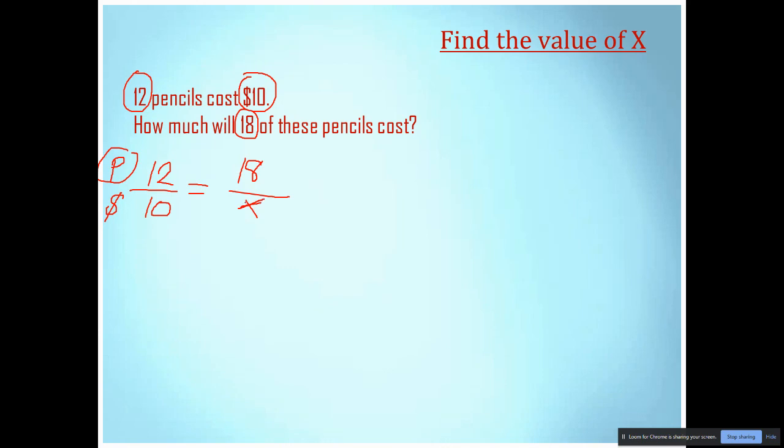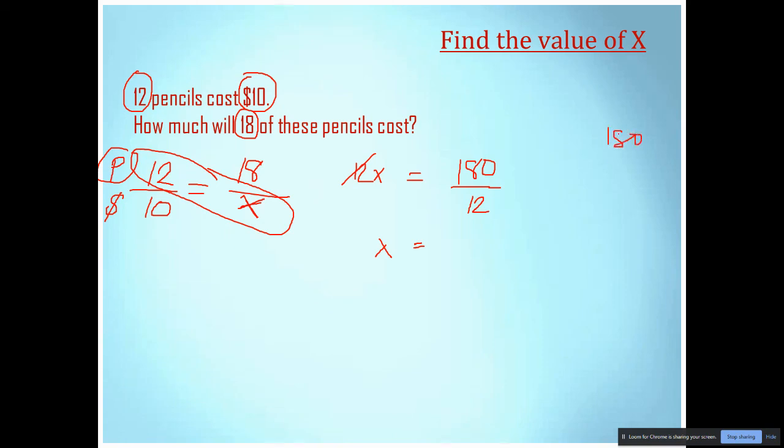Now we're going to find the value of x again. Cross multiply. 12 times x is 12x. 18 times 10 is 180. Now to remove the value of 12 there, we move that below here. So x is equal to 180 divided by 12. We already did that a while ago.